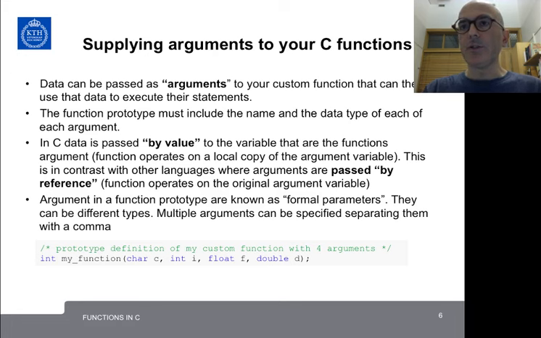When the function returns in the main, the value of the arguments will still be the same as before calling the function. This is in contrast with other languages where arguments are passed by reference. Multiple arguments can be specified, separating them with a comma, as you can see in this example with the declaration of my_function.